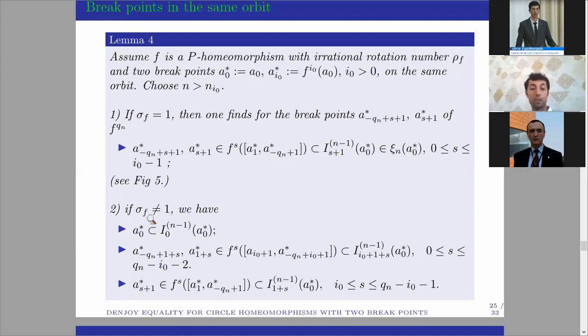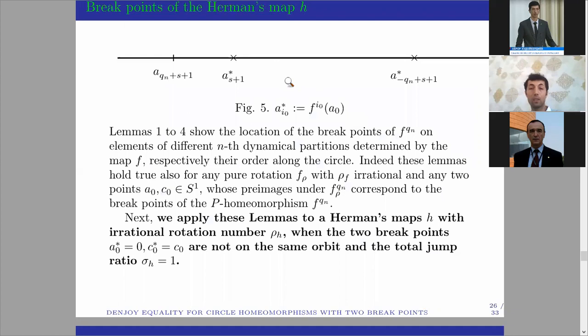And if the jump ratio is not equal to 1, then all breakpoints belong to these intervals of the dynamic partition of A0. And here is the graph of the case when they are in the same orbit. So all lemmas which we have considered above show the location of breakpoints of F to the Qn on the elements of n's dynamic partition determined by F.